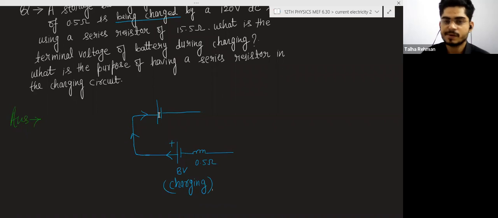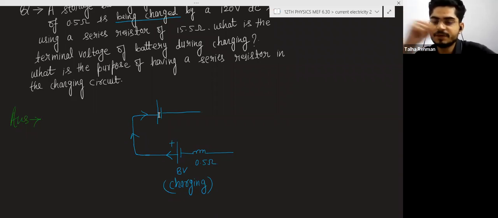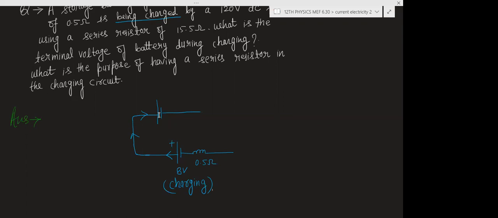You have connected your phone with the power bank, and the power bank also has a battery. If the battery of your phone is charging, the battery of the power bank is discharging. Yes, sir.